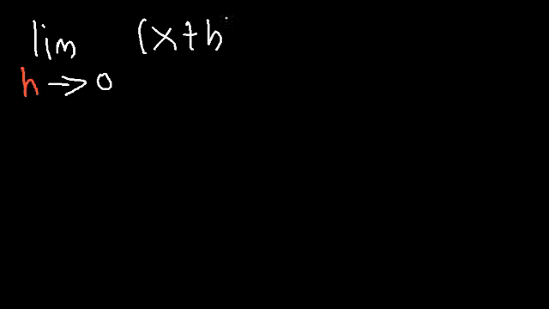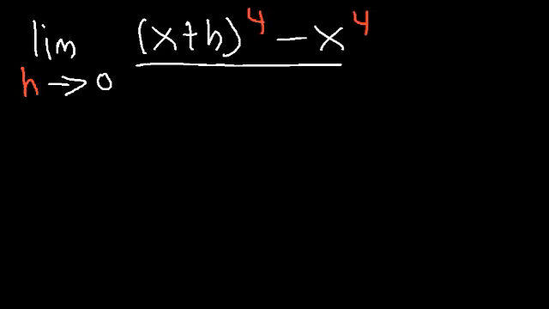Now, let's say you were to receive a multiple choice question on an exam, and it asks you to find the limit of this function. How would you do it? Now, granted, you can work it out.